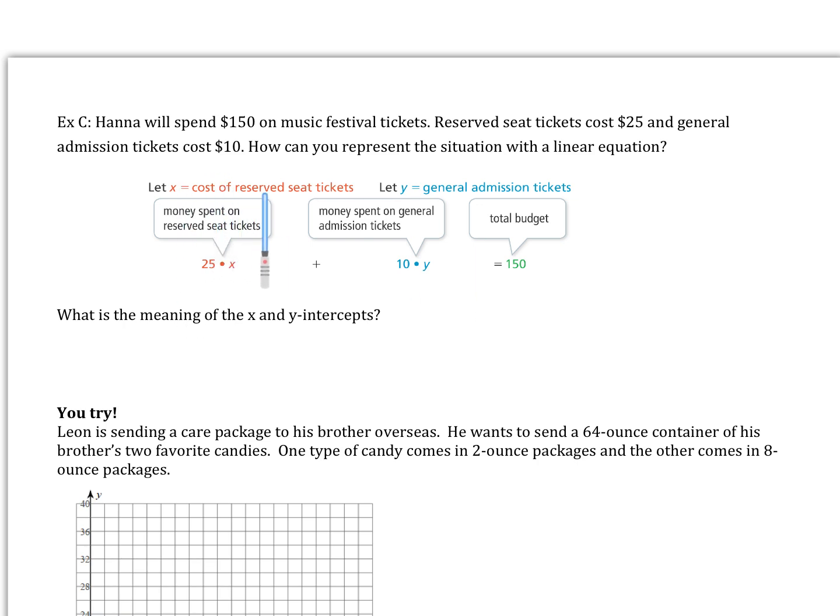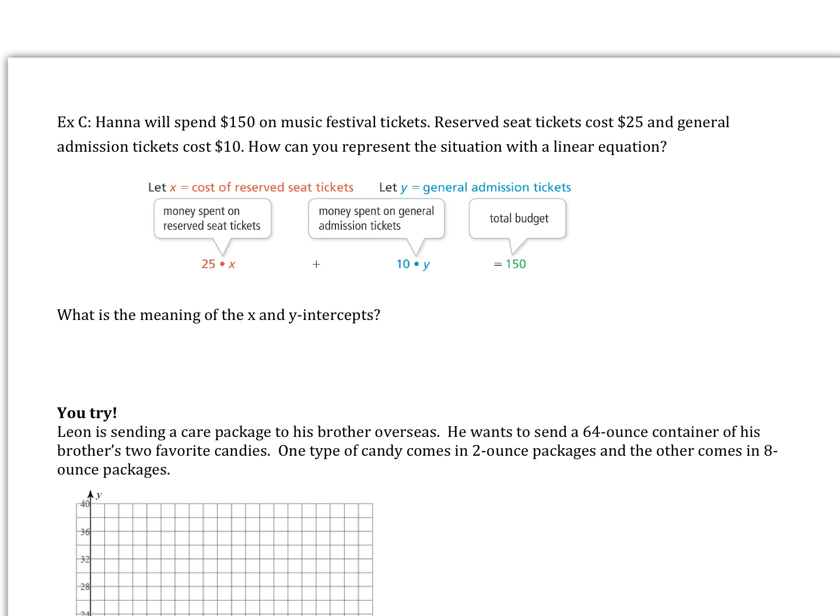So if x is the cost of the reserved seats, I don't really like the way that's worded, but whatever. So it'd be $25 for every reserved seat plus $10 for every general admission, and then our total for our budget. Does that setup make sense? We have two different things that we're putting together for our total.